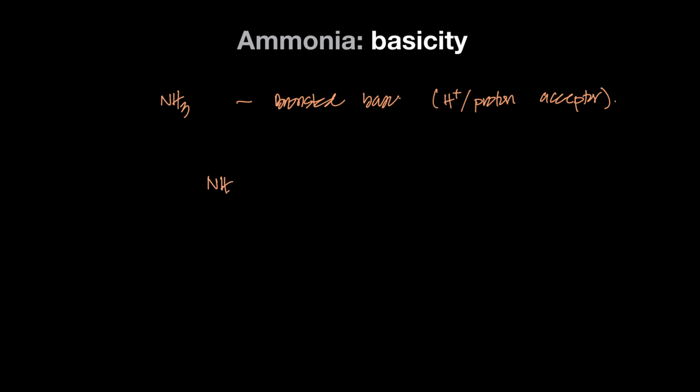Ammonia takes in H plus to become NH4 plus. It can react with HCl gas even, and the NH3 becomes NH4 plus, and Cl minus is left behind. In both these cases, ammonia is acting as a proton acceptor.